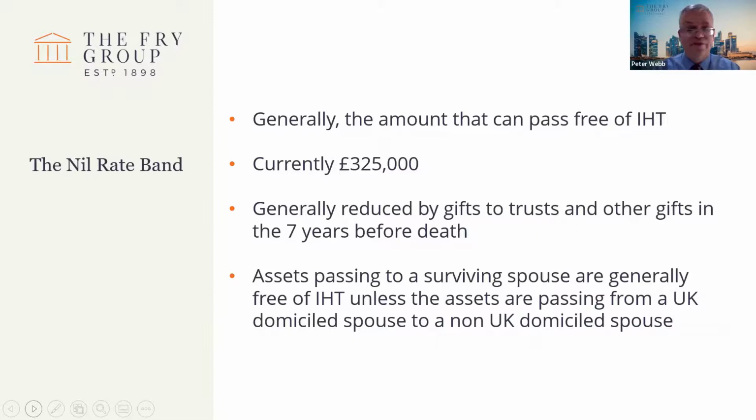But that nil rate band from the first spouse wouldn't have been used. So when the second spouse passes away, they can benefit from the unused nil rate band that their first spouse had. And that could exempt £650,000 from inheritance tax of the estate that's left to beneficiaries.